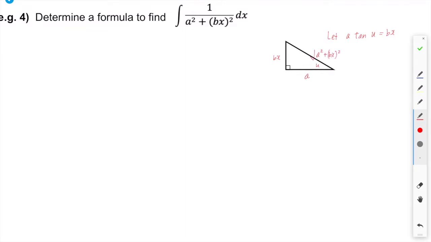Which gives me a secant squared u du equals b dx. And then the substitution that I will need for the square root of a squared plus bx squared would be a times secant u.